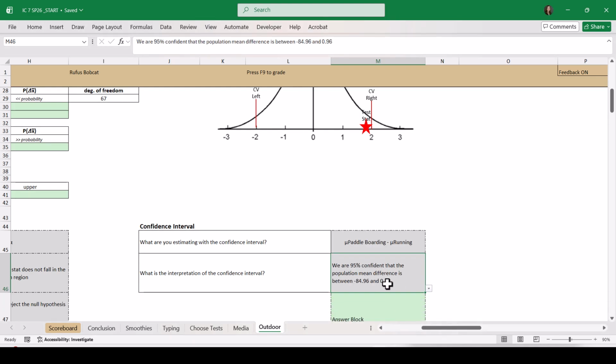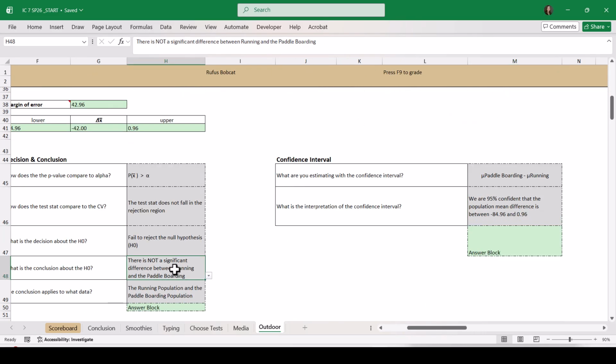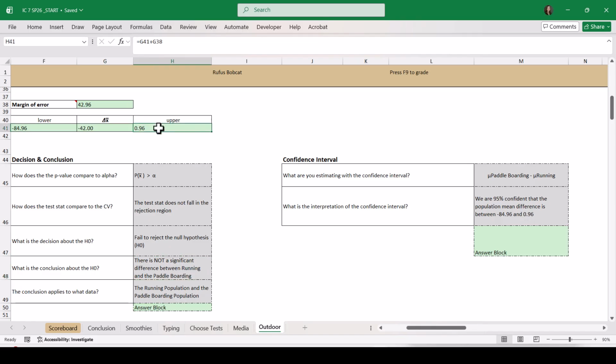You can notice that our interval includes 0, and that is because there is the possibility that there is no mean difference. That is why we failed to reject, and why we concluded that there is no difference between the two groups. Our estimation for the population mean difference, of course, is going to include 0. All right, this is it for the outdoor tab.